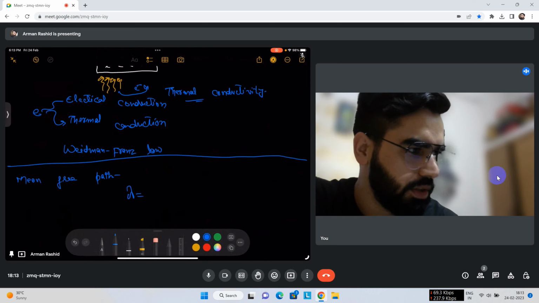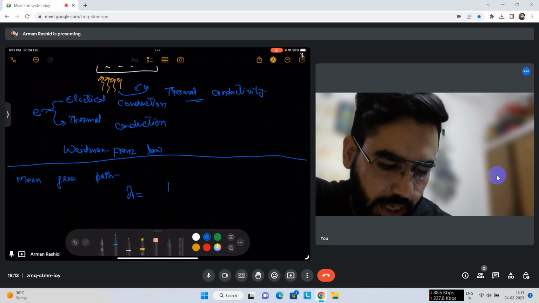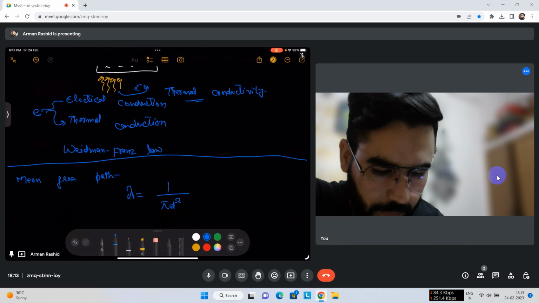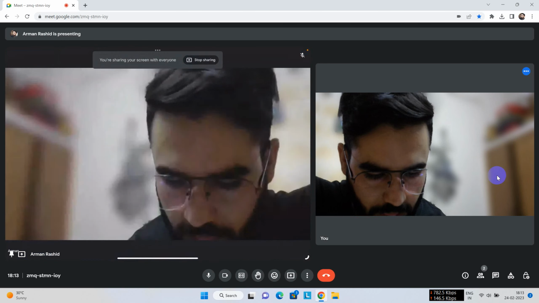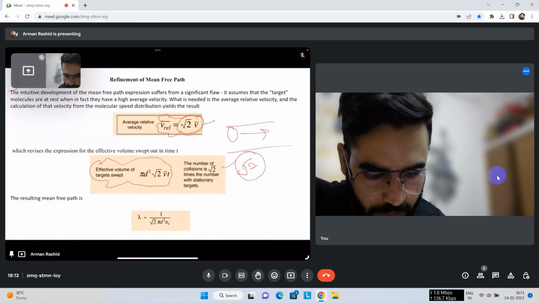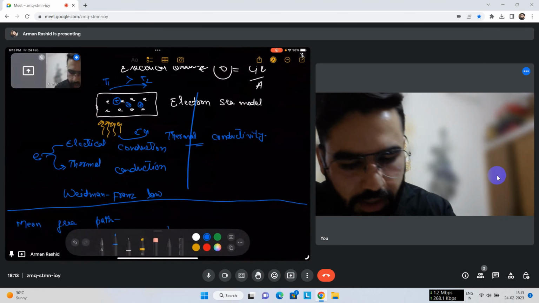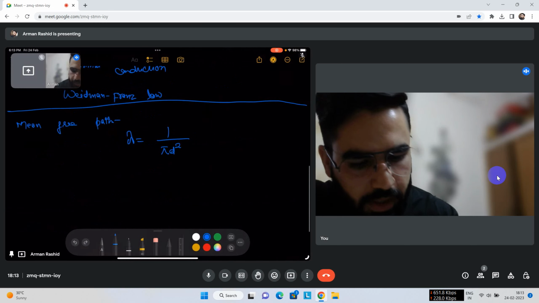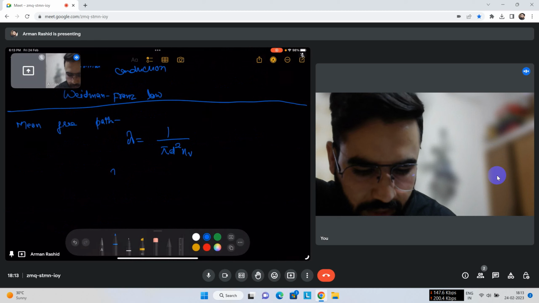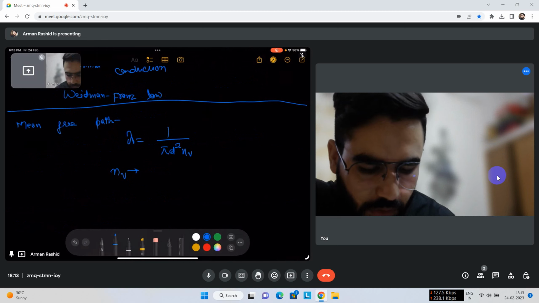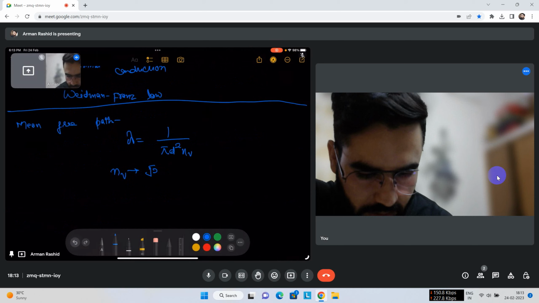If all other molecules or all other particles are kept at rest, we will be getting 1 by pi d square n v, where n v tells us the number density.